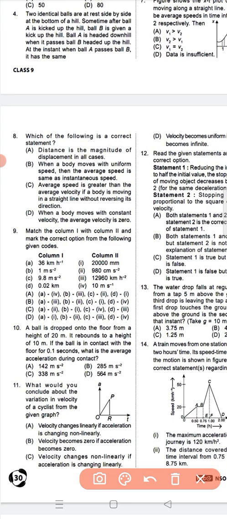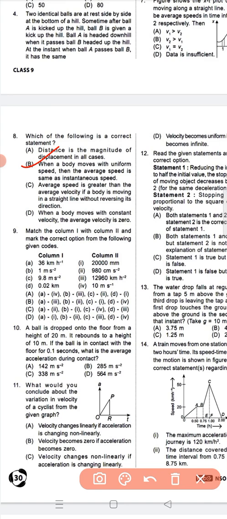When a body moves with constant velocity, the average velocity is 0. So, question number 8, option B is the correct answer: when a body moves with a uniform speed, then the average speed is the same as the instantaneous speed.